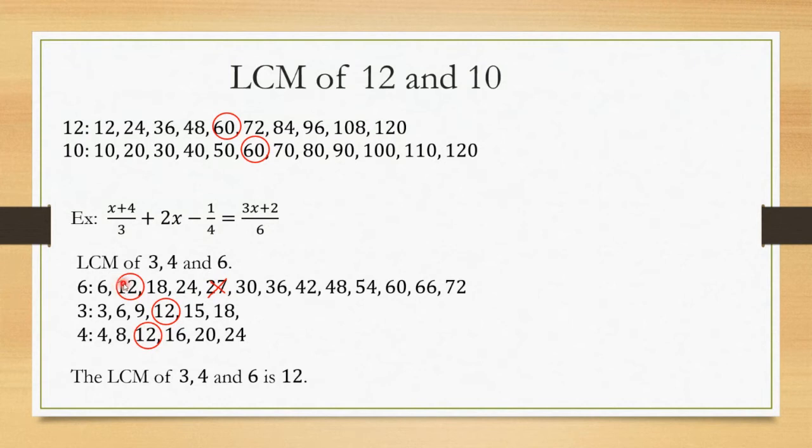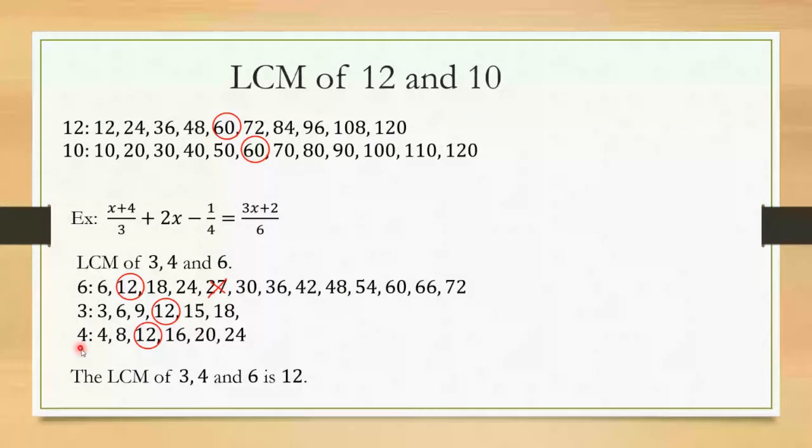So we have 6, 12, 18, 24, 30. I kept going until I got to 6 times 12. And for 3, we have 3, 6, 9, 12, 15, 18. We have 12, and we also have 6 in both of these. So maybe 6 could be the least common multiple of all 3.